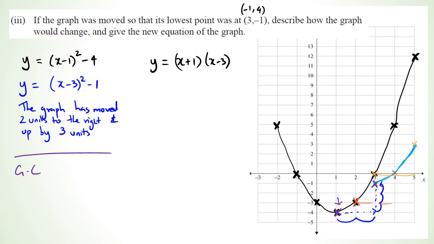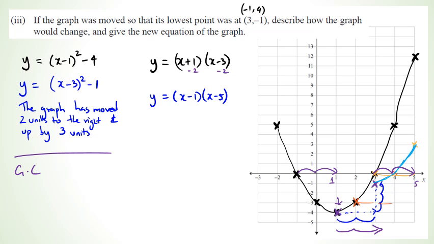So you've shifted your graph 2 units to the right, which means you've got to subtract 2 from both ends. So that means the graph is going to be replaced as y equals (x minus 1)(x minus 5), because remember that your x-intercepts have moved 2 units this way. So that's where the 1 and 5 comes from.